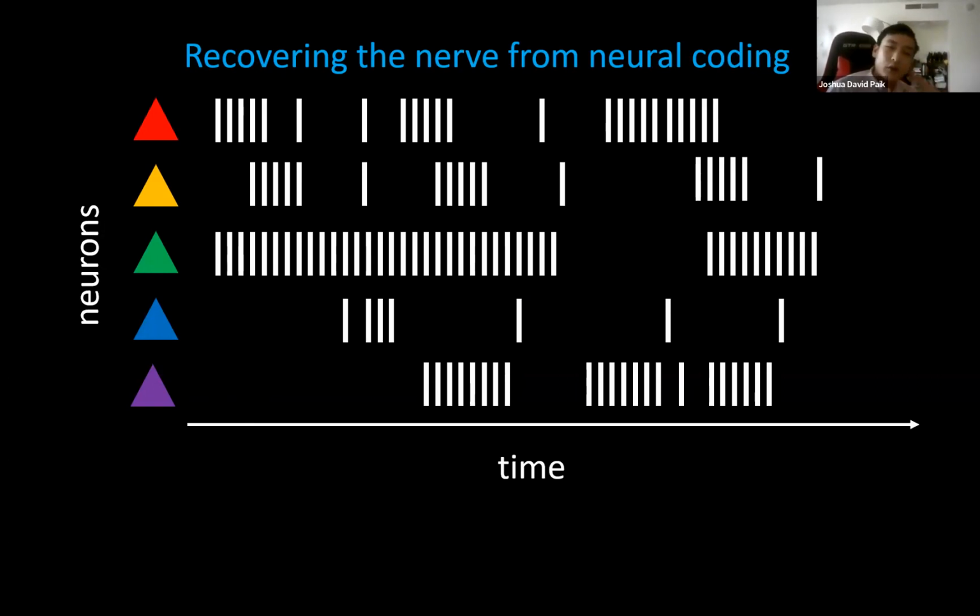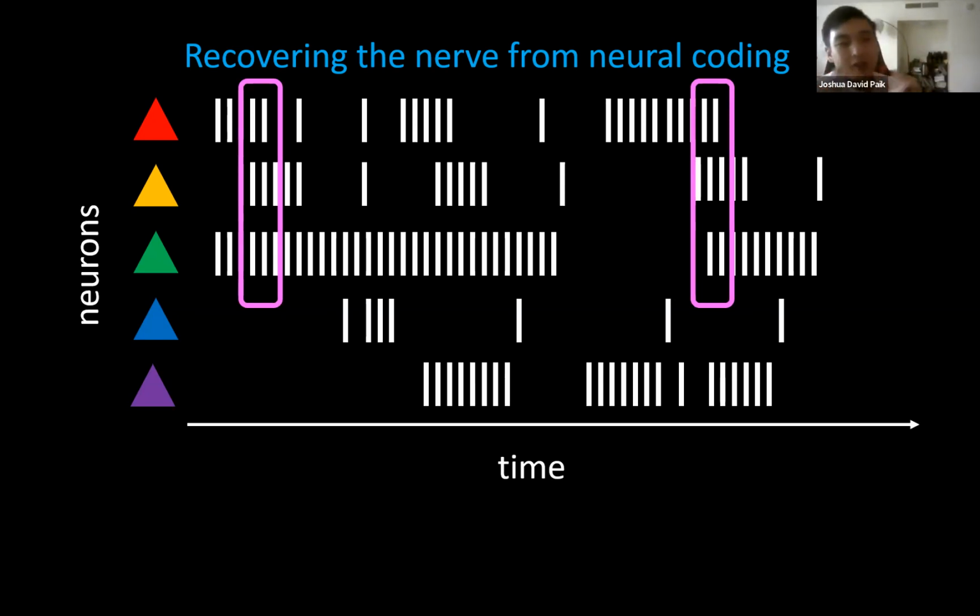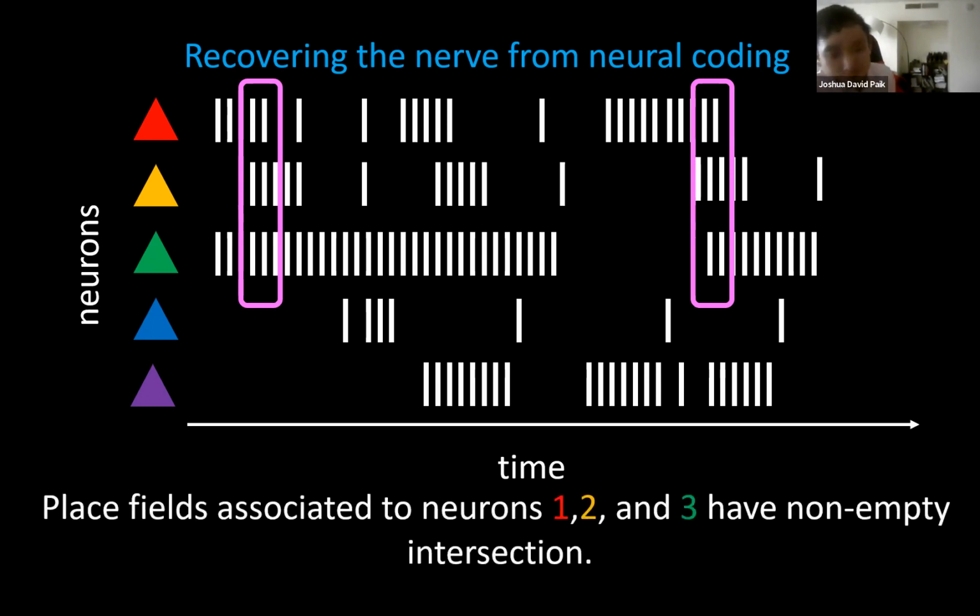Now, if we have this idea of how place fields work, maybe we can make the following. If we look at this data, one thing we'll notice is that neurons 1, 2, and 3 are co-firing. And what we can say, just from our understanding of how place fields work, is that the place fields associated to neurons 1, 2, and 3 have non-empty intersection.